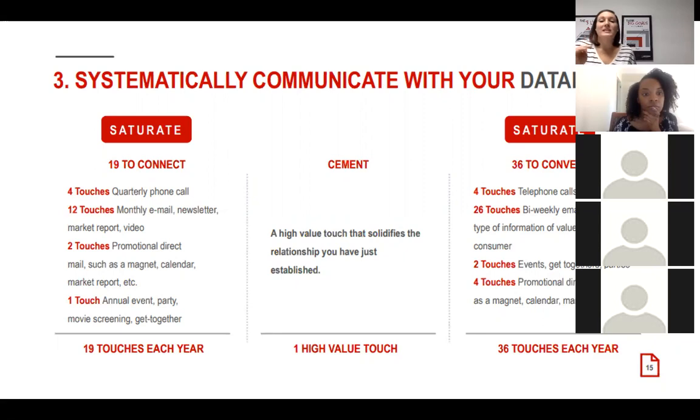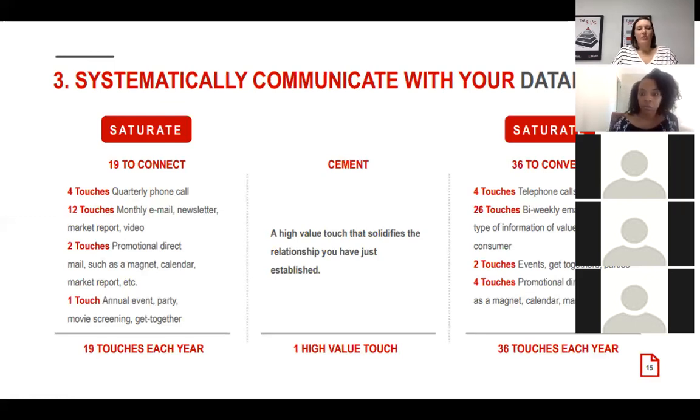Then there's the 26 touches with the bi-weekly email. That can be the neighborhood nurture. That can be market stats. All of this stuff is, basically you create the content, have the content, and it's going on a system, right? The 2 touches with the events or get-togethers or parties, and then the 4 with the direct mail.